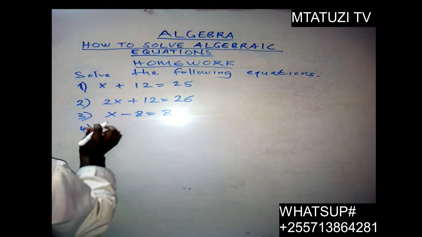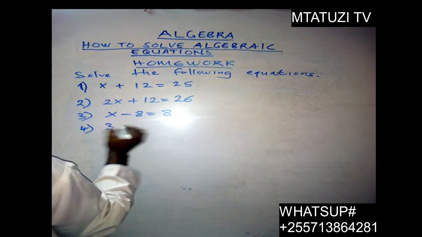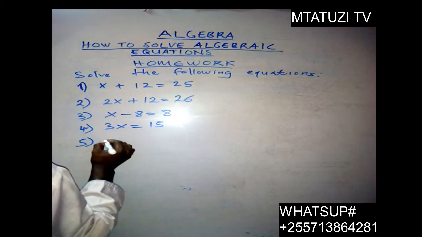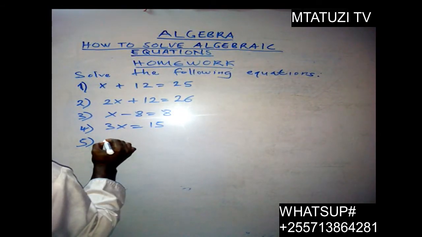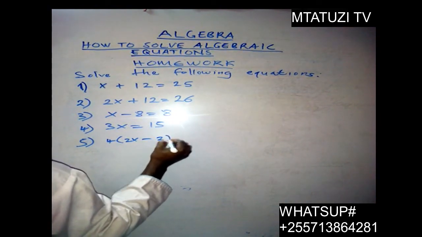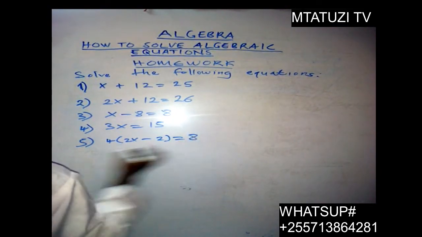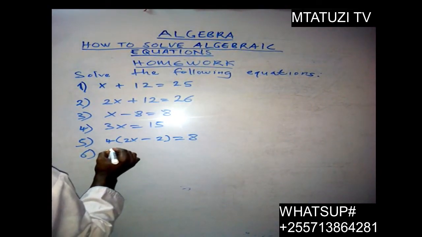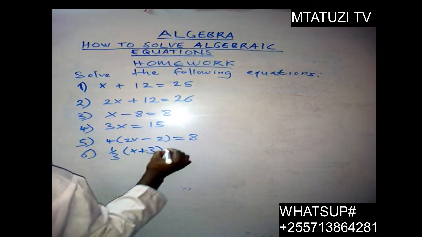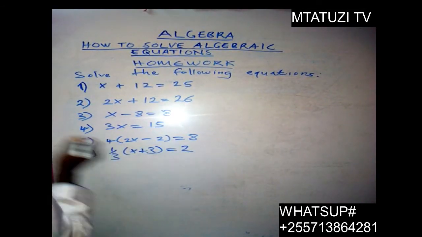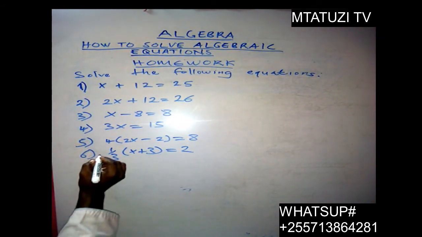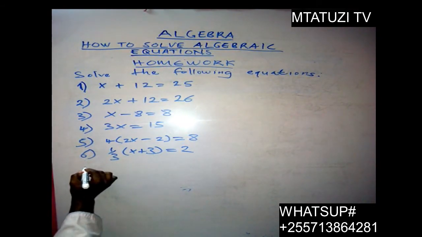Number 4, 3x is equal to 15. Number 5, 4 in bracket 2x minus 2 is equal to 8. Number 6, 1 over 3 in bracket x plus 3 is equal to 2.